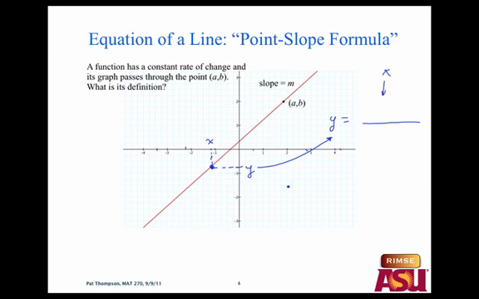So we start at this point (a, b), and we look at what change in x we will need to get from a to this roaming value of x.